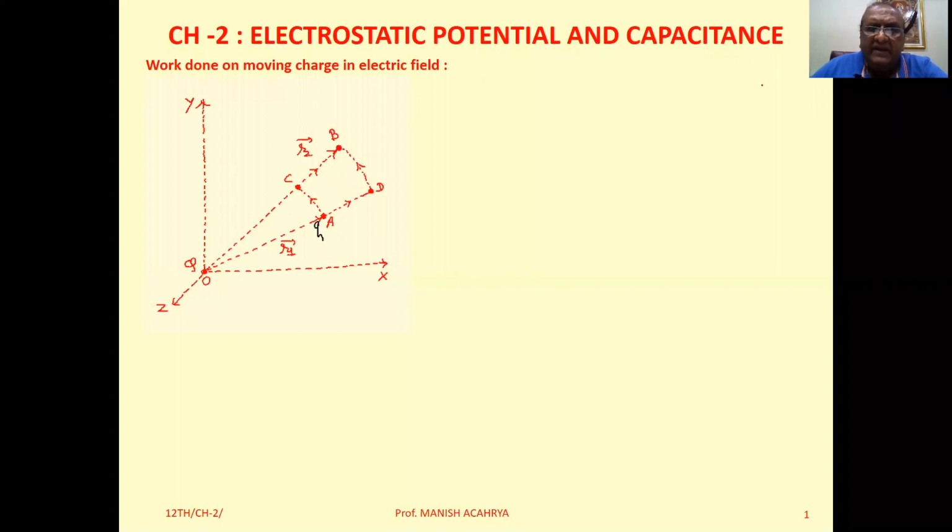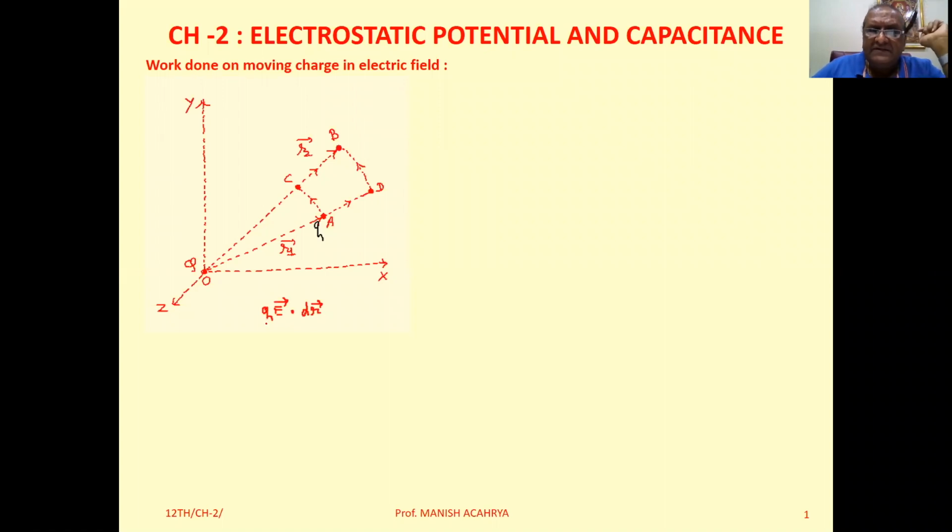Now see, when any charge q is placed in the electric field E, the force acts on it, that is qE. And now if it is displaced by an infinitesimal small displacement dr, dr is so small that we can consider E as constant for this particular displacement.